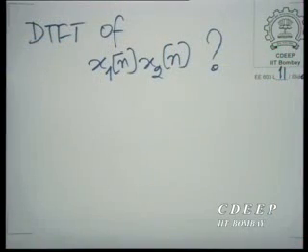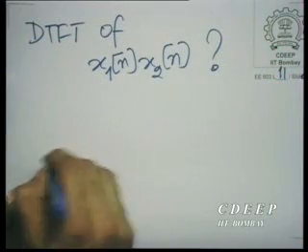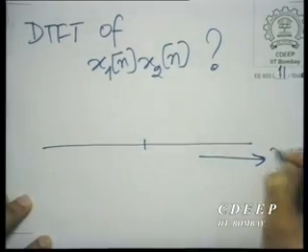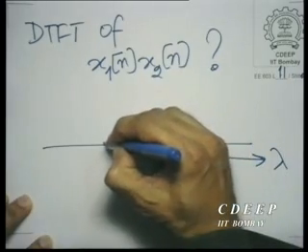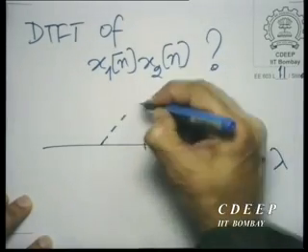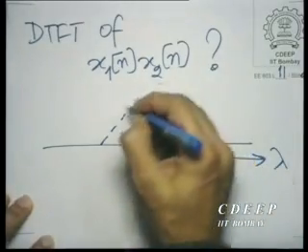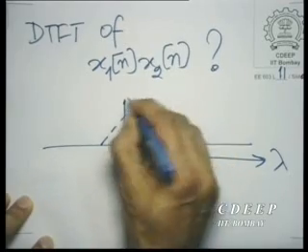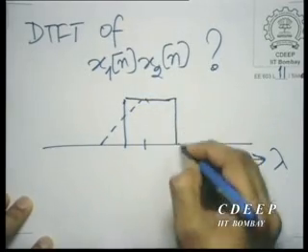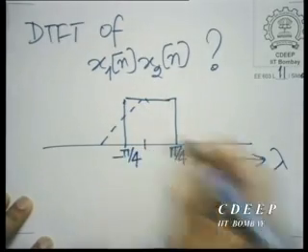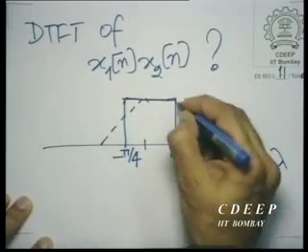We need to convolve the discrete time Fourier transform of any one of them with itself. So we take the lambda axis, we put here, of course, let's first just draw one of them. So this is just one of them.